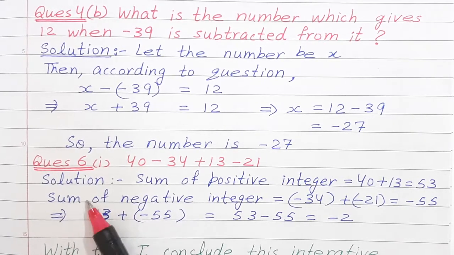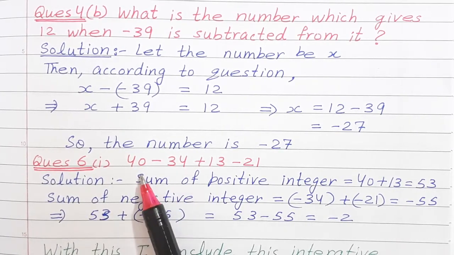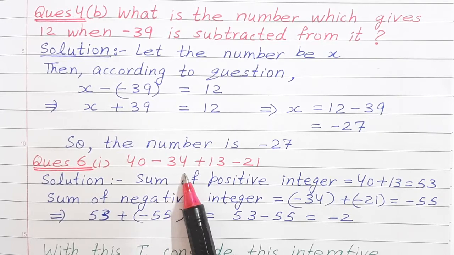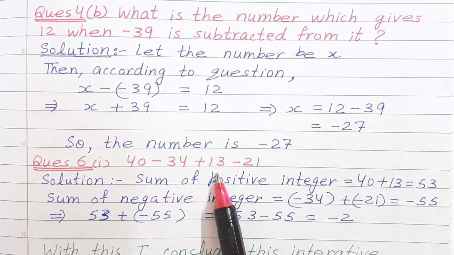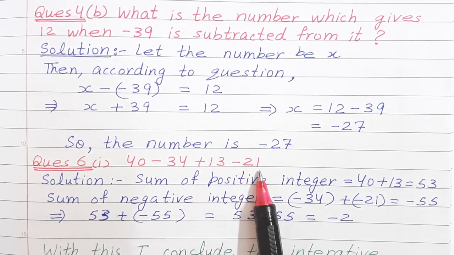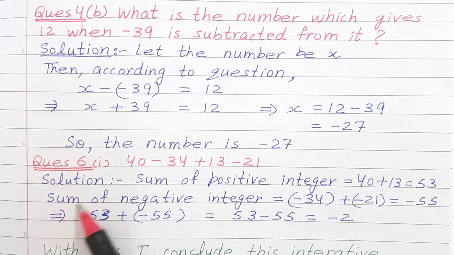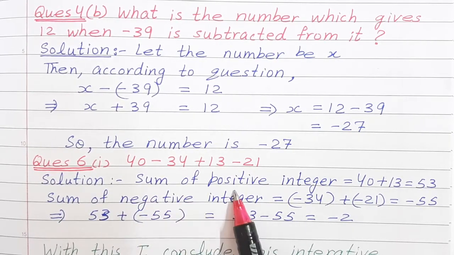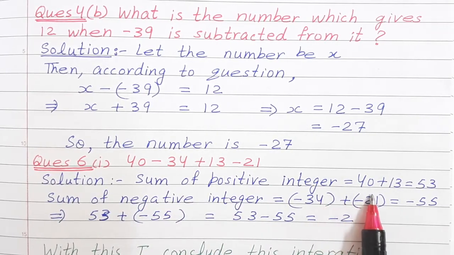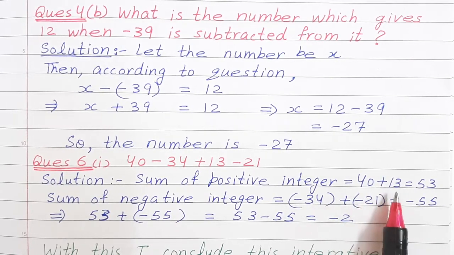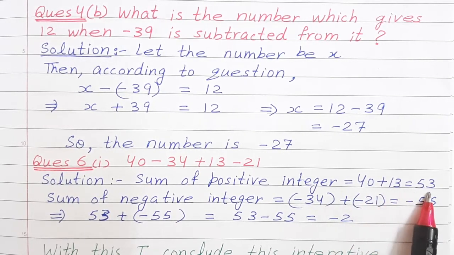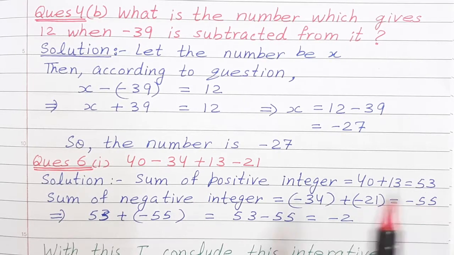Question number 6 is 40 minus 34 plus 13 minus 21. Solution: the sum of positive integers, that is 40 plus 13, is equal to 53.